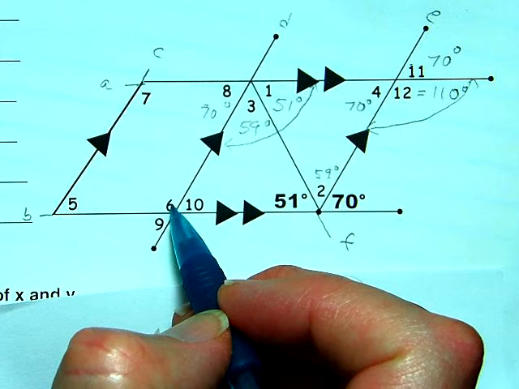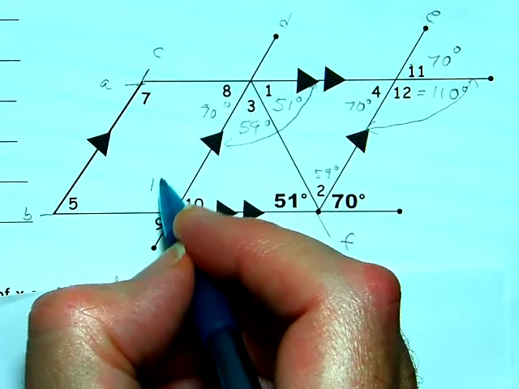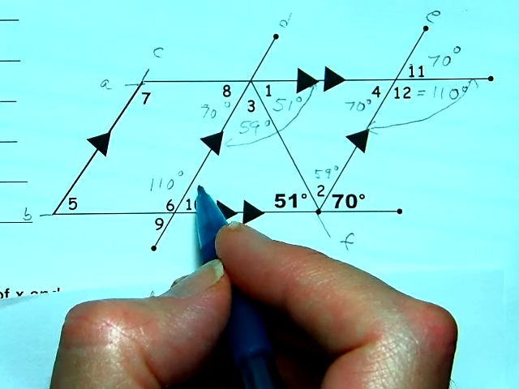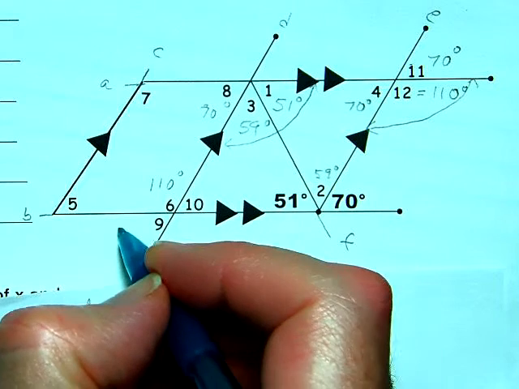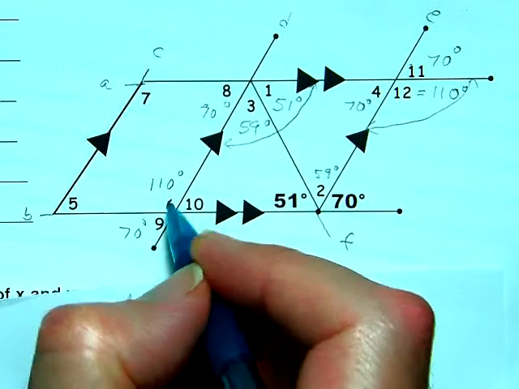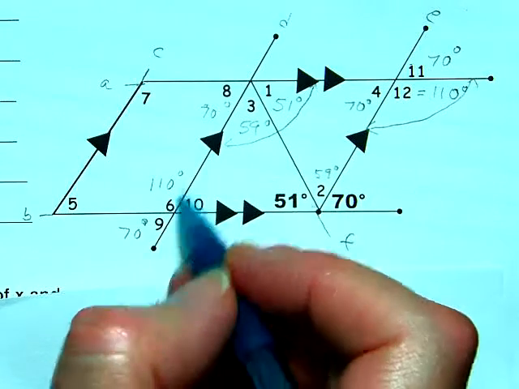So they're same side interior, and angle 6 is 110 degrees. It's supplementary to angle 8. Angle 9 and angle 6 are linear pairs. That makes angle 9 70 degrees. By the way, angles 8 and 9 are also corresponding angles.